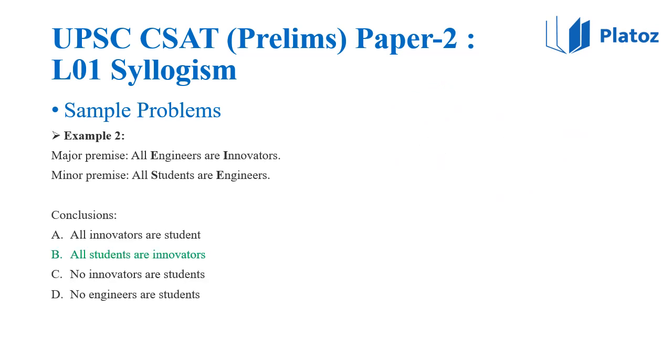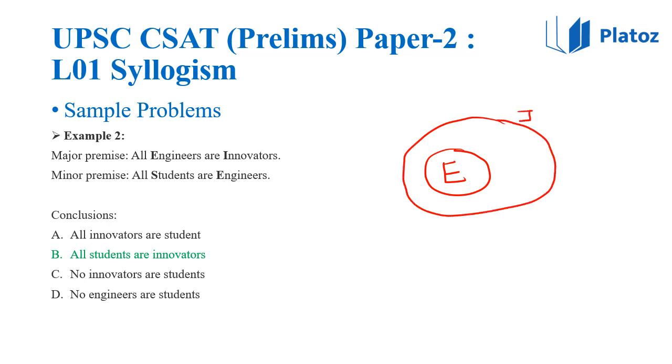Now let's move on to the second example. This is also exactly the same, all A are B form. So all engineers are innovators. Let's draw that. All engineers are innovators. And what is the second statement telling us? All students are engineers. So this is engineers, and inside that we are drawing students.